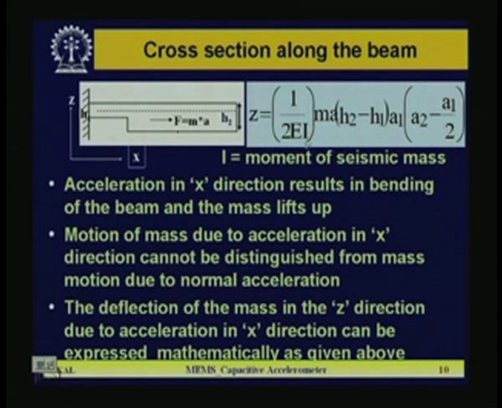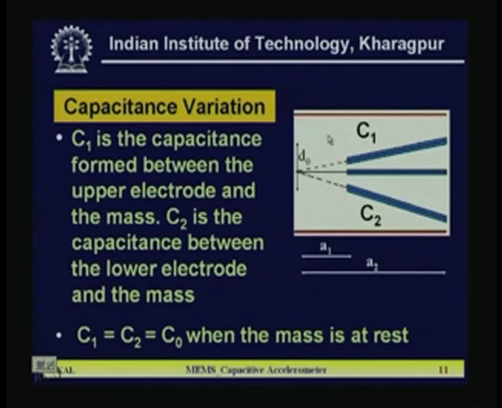That is for the cross axis displacement z. So if you move this structure along x direction, how much it will move in z direction, that expression is shown here. This will give you some idea about what fraction of cross axis sensitivity is achieved with such a structure.